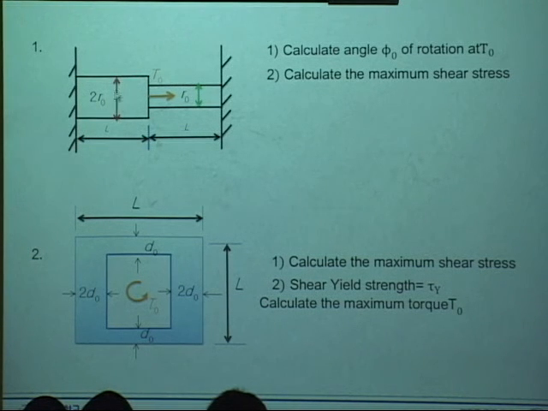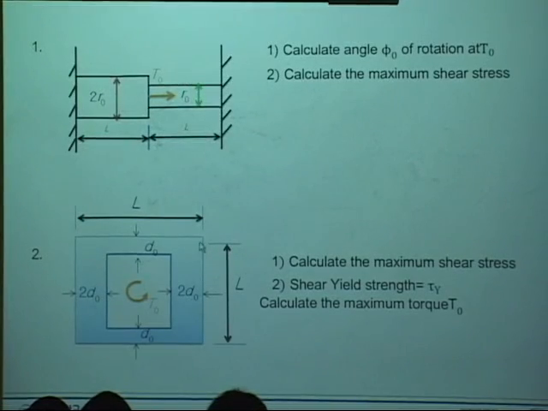And then, since it is a circular shaft, I'm sure you have the equation which describes the shear stress distribution. The second question is a rectangular thin shaft. This has to be thin. It doesn't look thin, but it is.